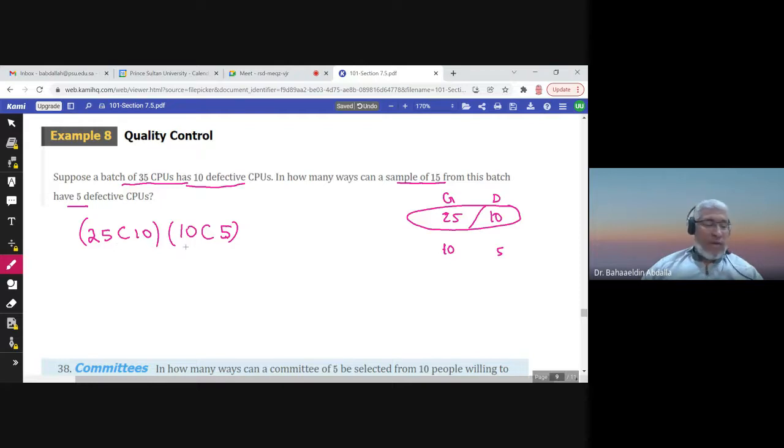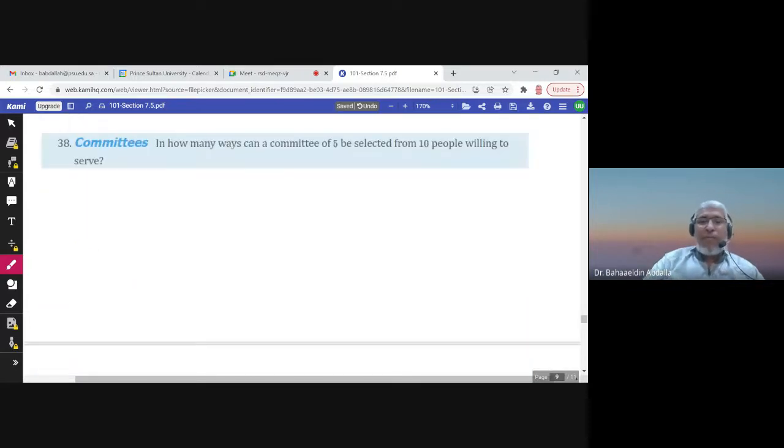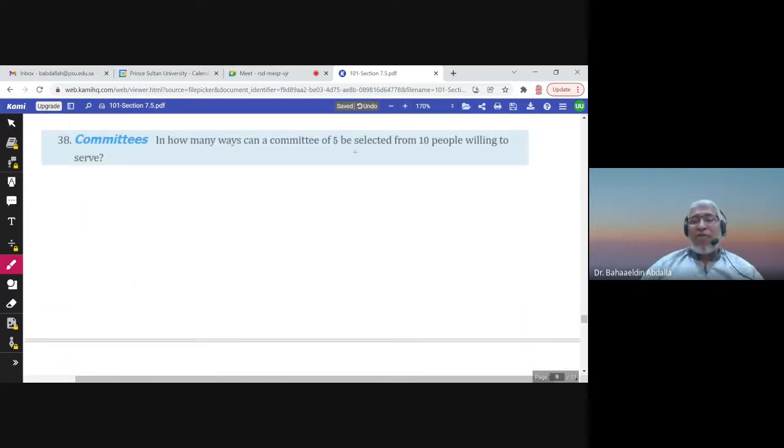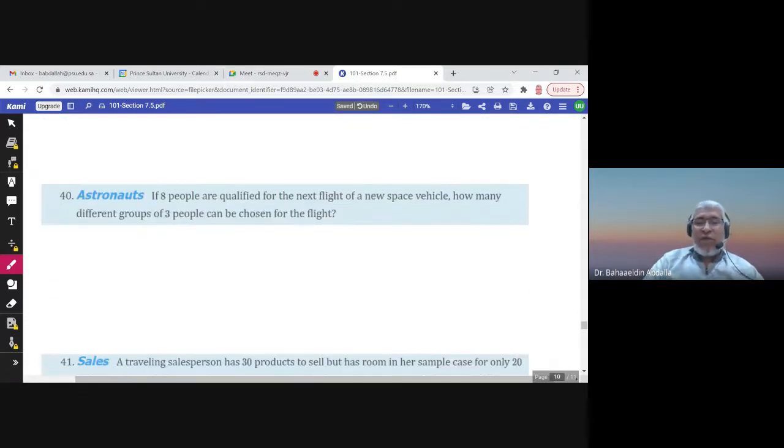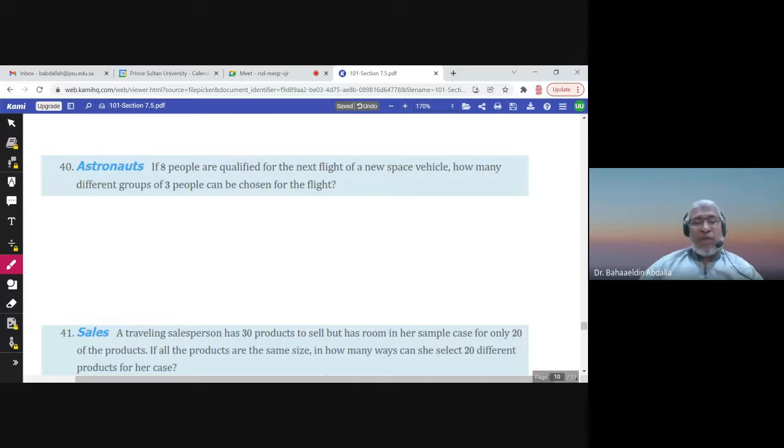So if you multiply these two, you get the number of ways that the sample of 15 has 5 defectives and 10 non-defectives. In how many ways can a committee of 5 be selected from 10 people willing to serve? 10C5, and there is no order here. Committee, all the members of committee are the same.